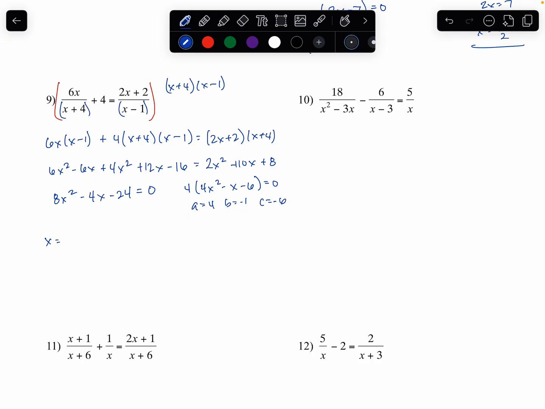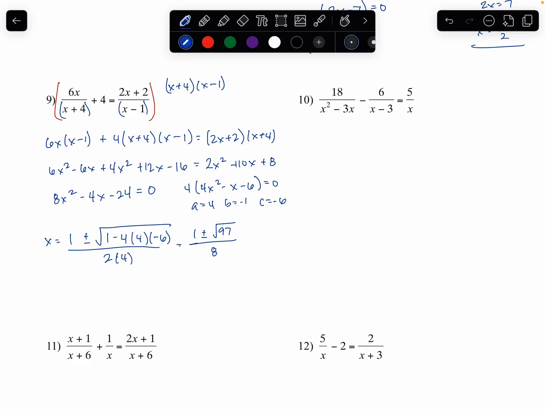So we'll get x is equal to 1 plus or minus the square root of 1 minus 4 times a times c, all over 2 times 4. So 1 plus or minus the square root. And then if we do 1 minus 4 times 4 times negative 6, we get 97 all over 8.